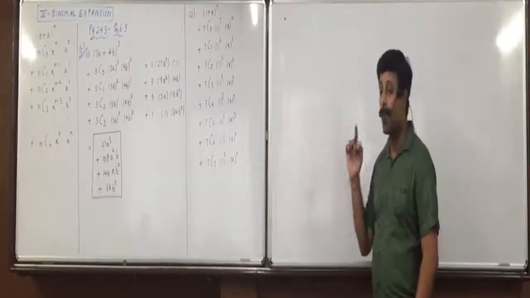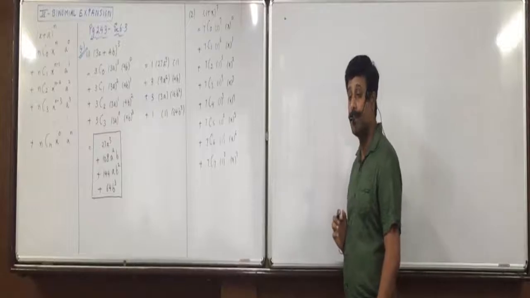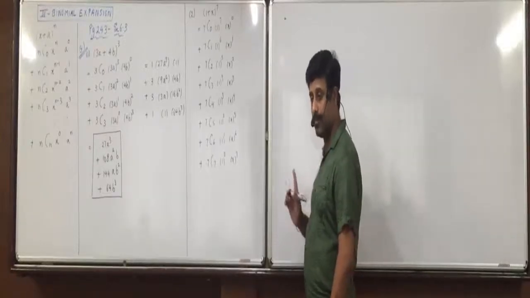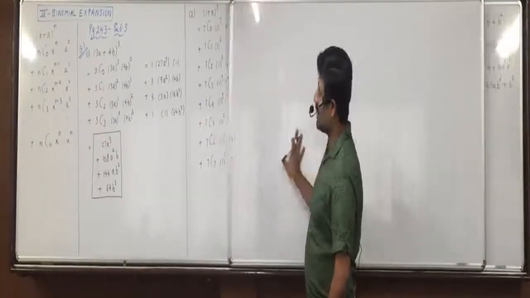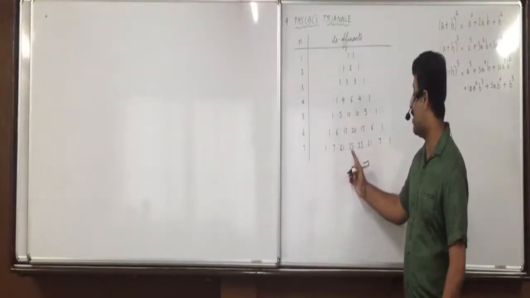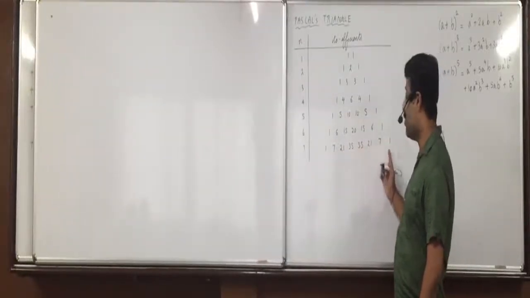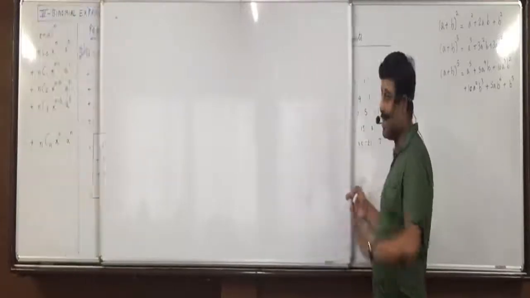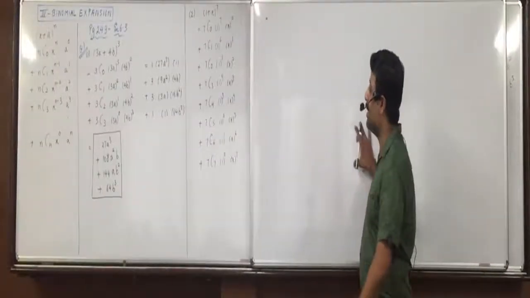So, Bhakti? 1, 7, 21, 35, 35, 21, 7. Correct. Now for 7, what are the coefficients? We have to directly take 1, 7, 21, 35, 35, 21, 7, 1. You can make Pascal's triangle in the exam, and you directly get them.